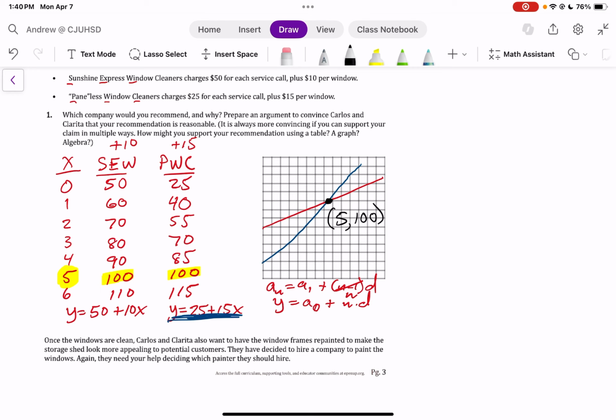But if you're going to have more than 5, then you want to stick with the first one here, the line that's lower in the long run. That's the Sunshine Express windows. Otherwise, you're going to go with Painless Windows if you're doing less than 5. And if you're doing exactly 5, it doesn't matter which one you choose.